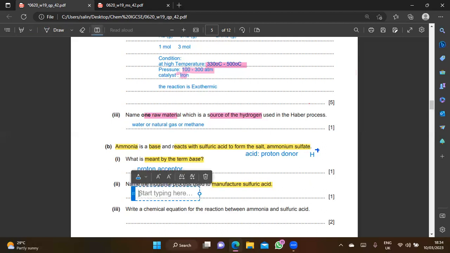What's the name of this process? Contact process. It's very easy. Haber and contact. There you go. If you forgot about it, you have to remember now, yeah? Manufacture of sulfuric acid is called contact process.